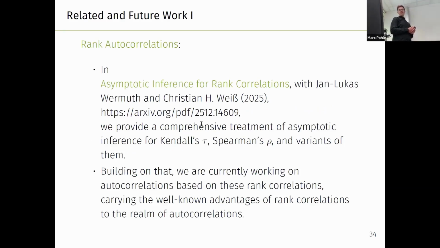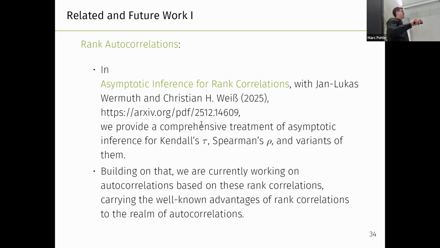Then some promotion of some of the recent work which is related to this paper. With Jan Lukas Wermuth and Christian Weiß, we want to tackle rank autocorrelations. The standard Pearson correlation, as it's called, is what you usually use in autocorrelations. But in finance, for example, you are not even sure if the relevant moments exist.